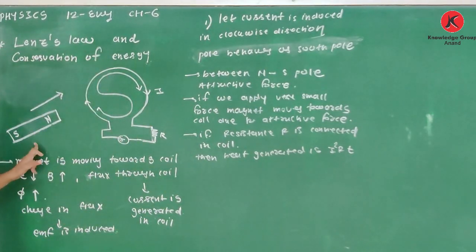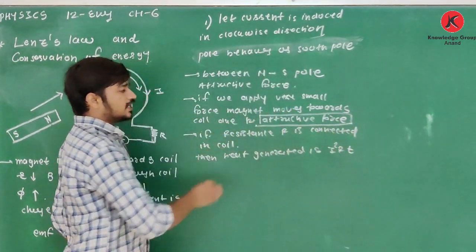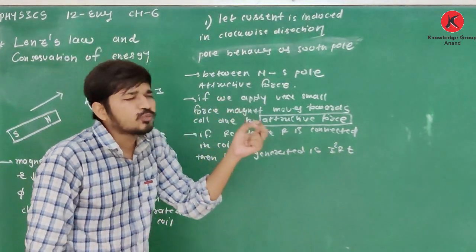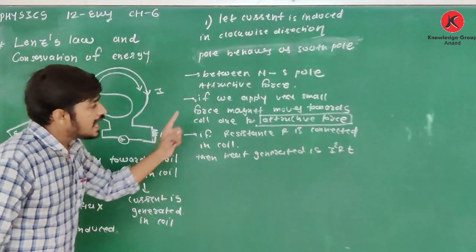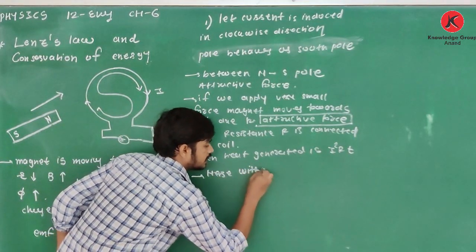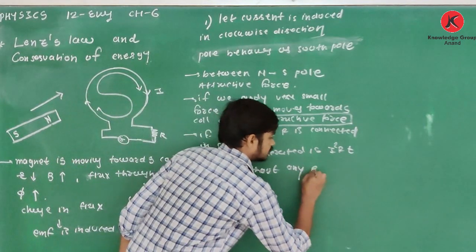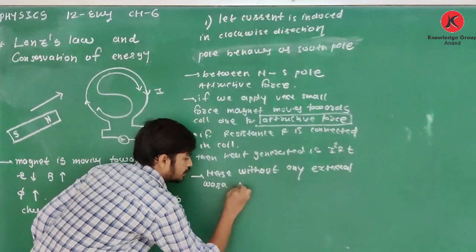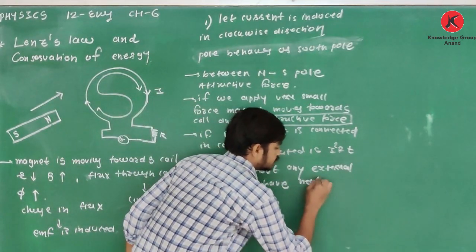Nothing. This magnet is moving towards this coil due to attractive force, and we only have to give a very small, negligible force. So without any external work, we have heat energy generated.